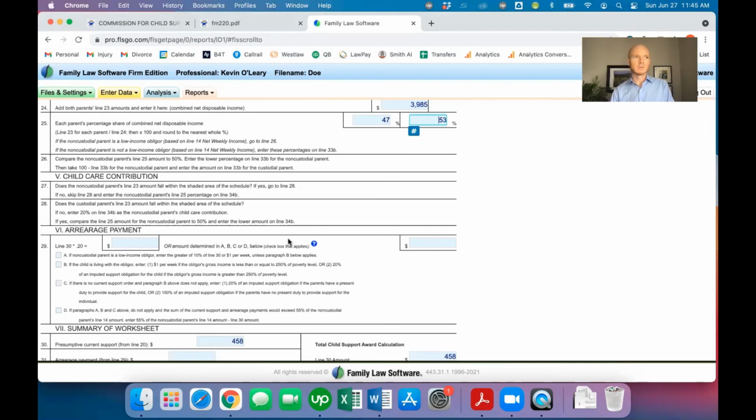Some other scenarios where there's a deviation from the weekly child support award is if one of the parties has substantial financial assets. So let's say the child support obligor, the person who is obligated to pay child support, doesn't have any income or is working a minimum wage job. That would put the weekly child support amount quite low.